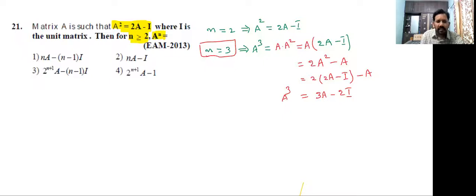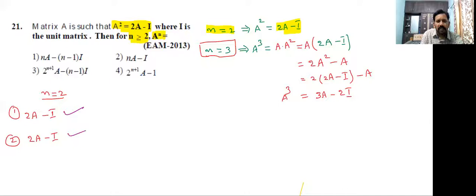Okay, now I am going to verify the options. If n is equal to 2, verify the first option: 2A minus I. What is the answer? 2A minus I, or not? Yes, it came. So this is a correct answer. Don't mark the answer. Verify the second option, third option, fourth option also. Second option: in place of n substitute 2.